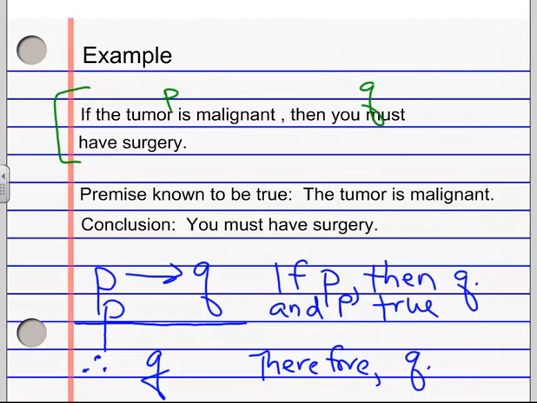There are going to be a lot of arguments. If this and this and this and this and this, then this. Or if this and this and this, or this and this and this, then this conclusion. So they can get very, very complicated, and in the case of a complicated argument, the symbols will help us come to a conclusion.